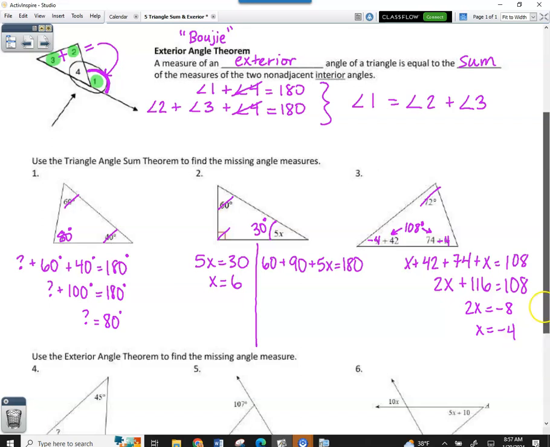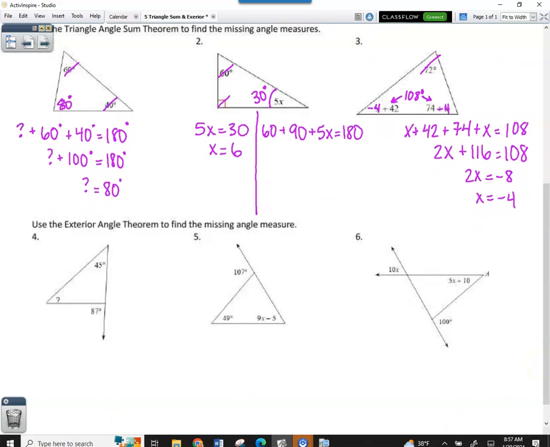Come down here to number 4. All right, let's look at it. Here is the exterior angle. It's like someone drew a triangle and then they slipped up and just kept drawing, right? So here's the exterior angle. Go to the triangle and find the two angles that are not touching it.